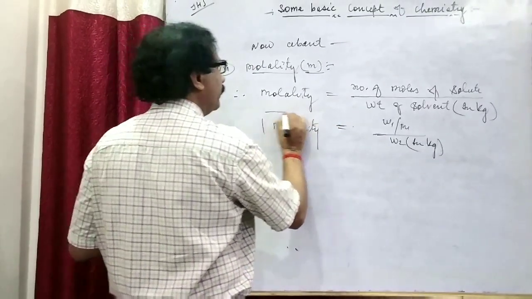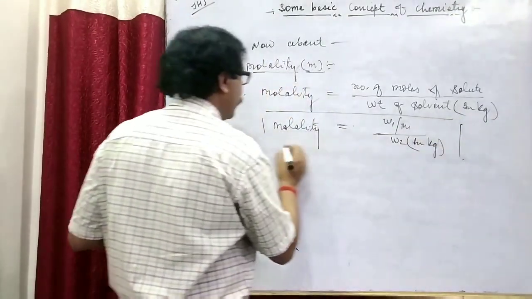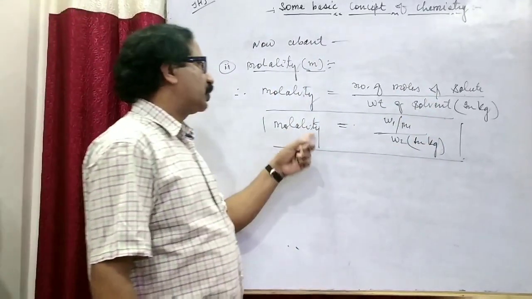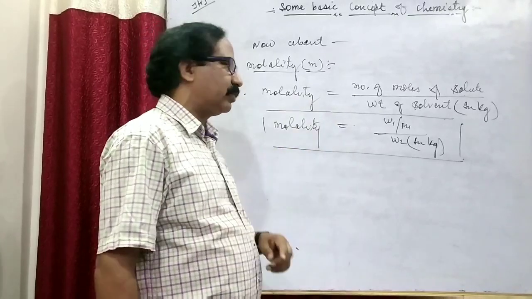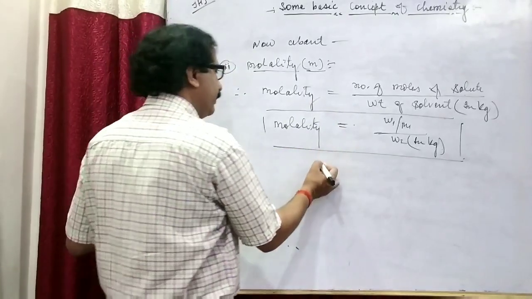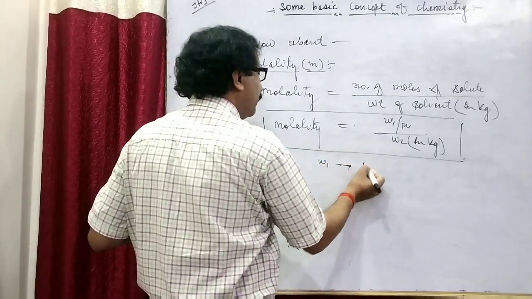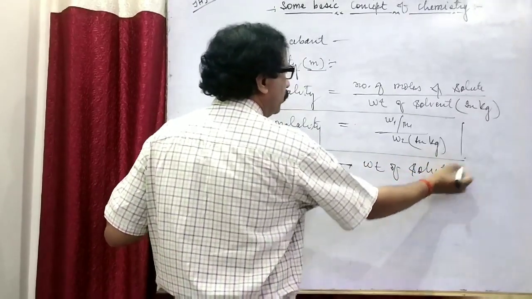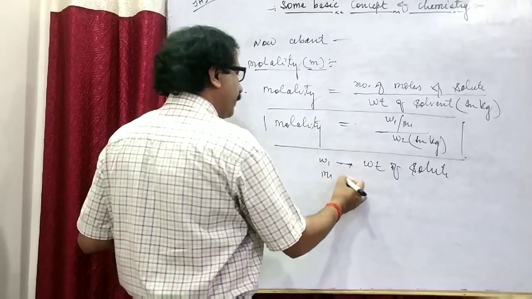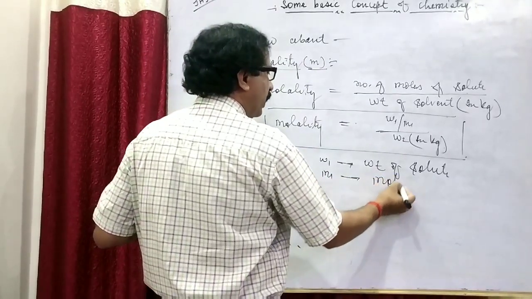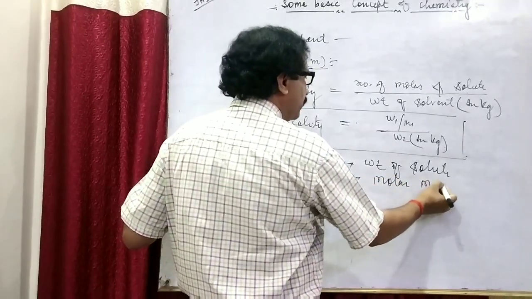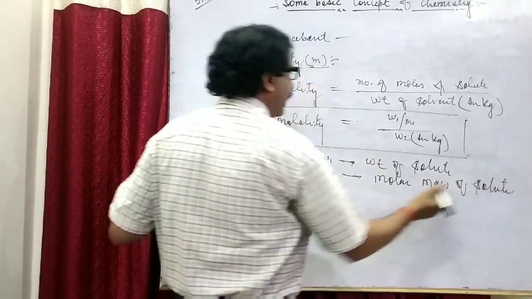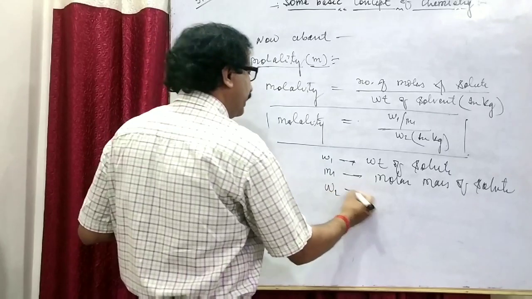Molality. This is the mathematical approach to decide the molality of any solution. Okay, here W1 is the weight of solute, M1 is the molar mass of solute, right? And what is the W2 here?